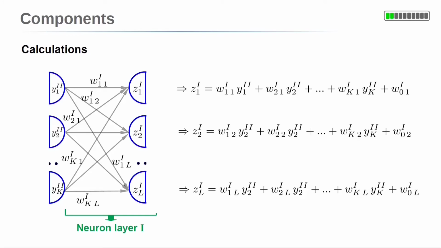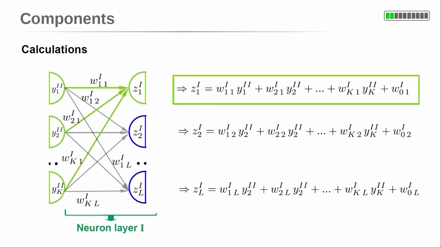The inputs for our neuron layer number 1 are outputs from a previous neuron layer, layer number 2. These are capital K variables y superscript 2. In neuron layer 1, we have capital L neurons. The first of these neurons performs a linear combination of the capital K inputs and adds a bias.